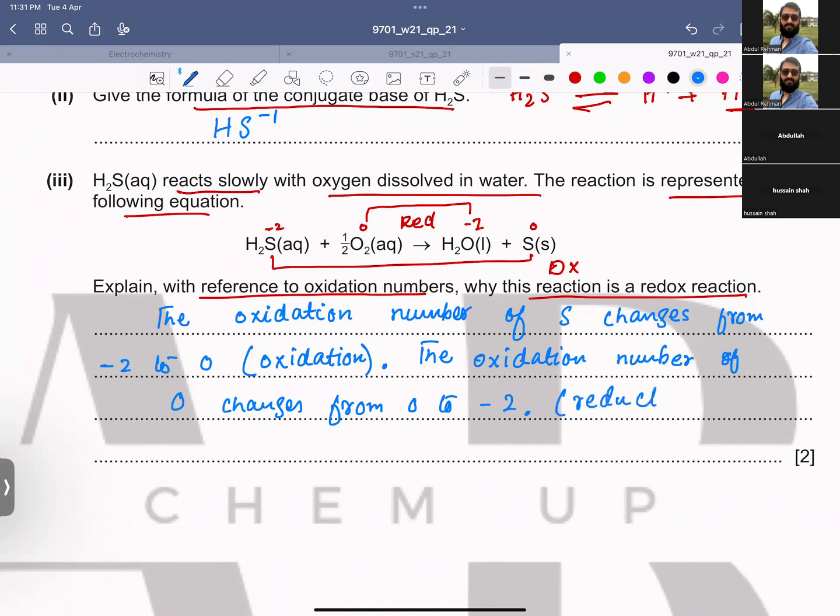That's why it's redox, because both oxidation and reduction are taking place simultaneously. Is this part clear to everyone? Okay.